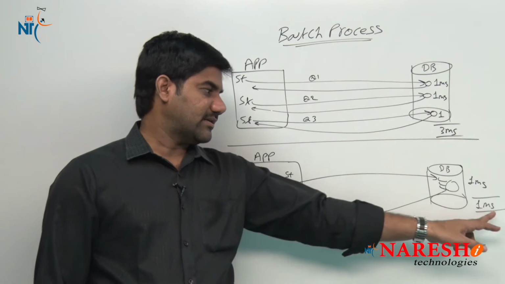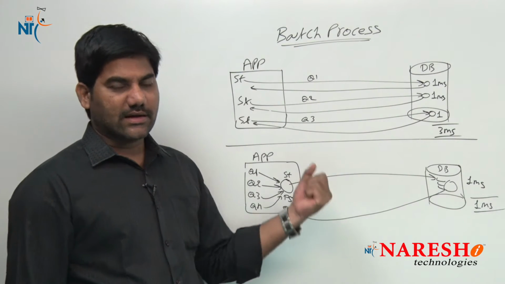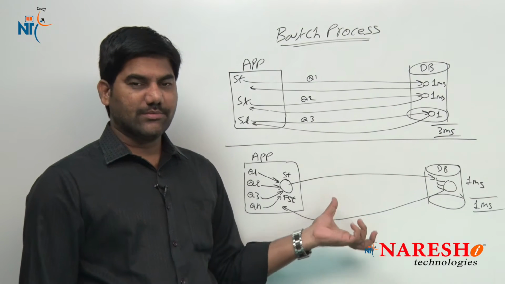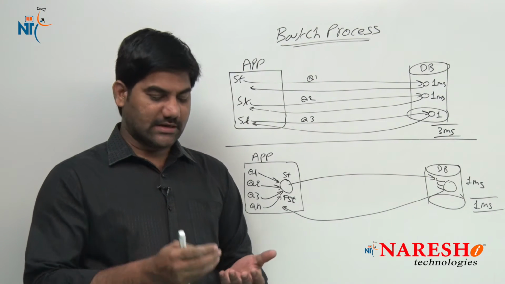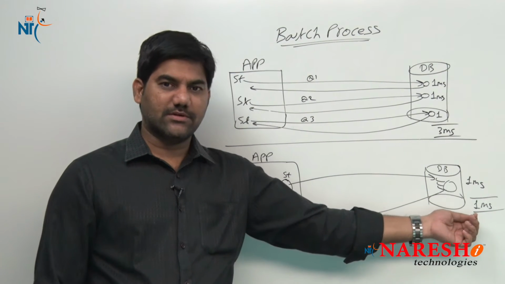So, what happens here, sir? Finally, it is time saving and reduces the burden on the networking system, because the number of times of traveling is reduced. One time traveling, so the network burden is automatically reduced, and from our point of view it saves time also.